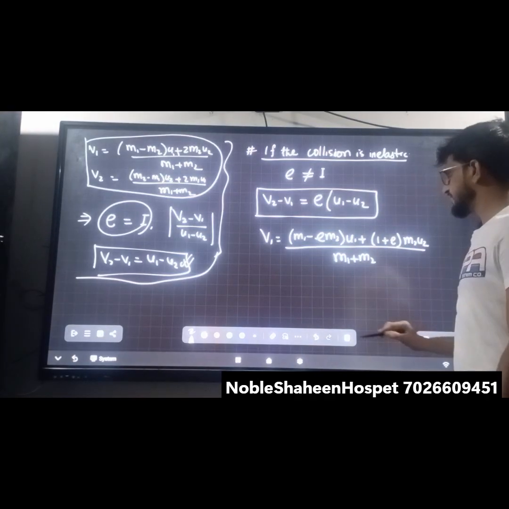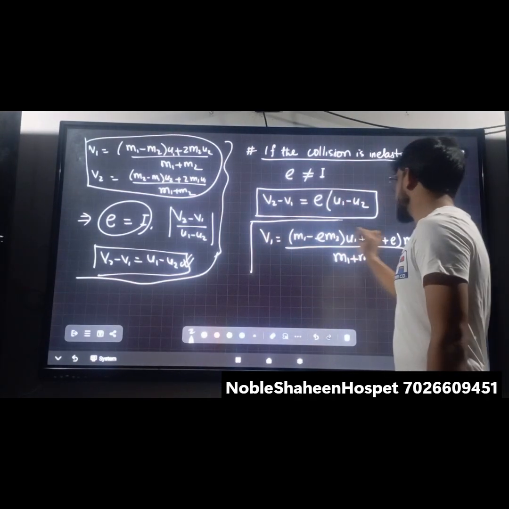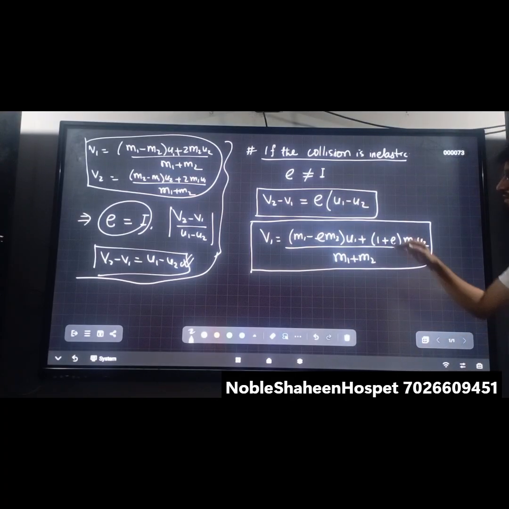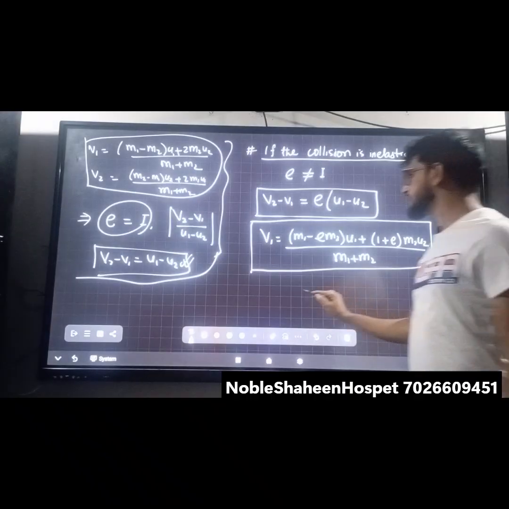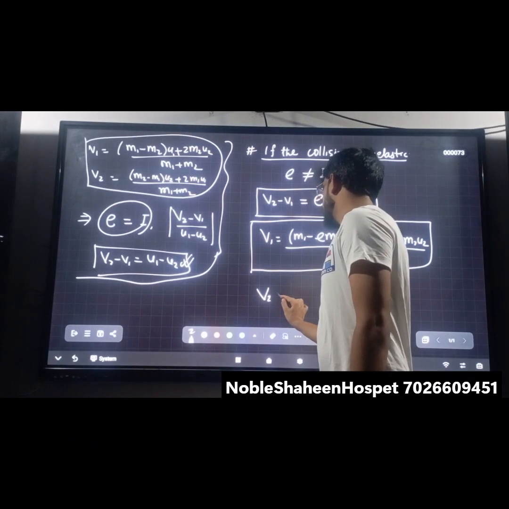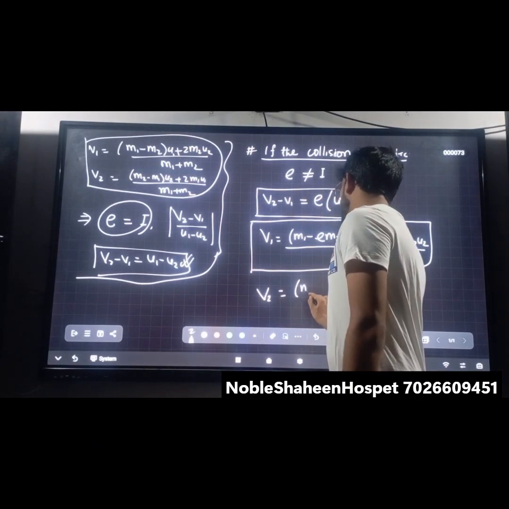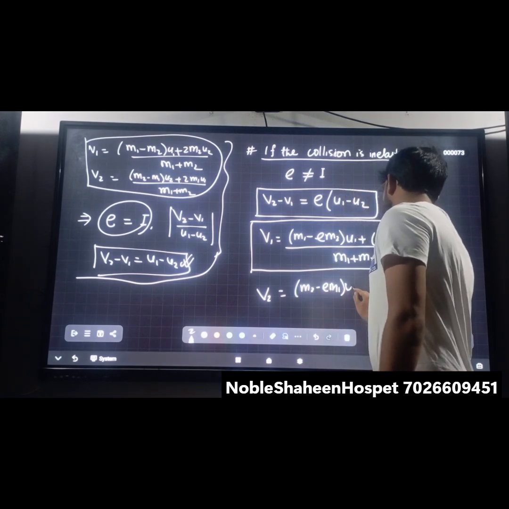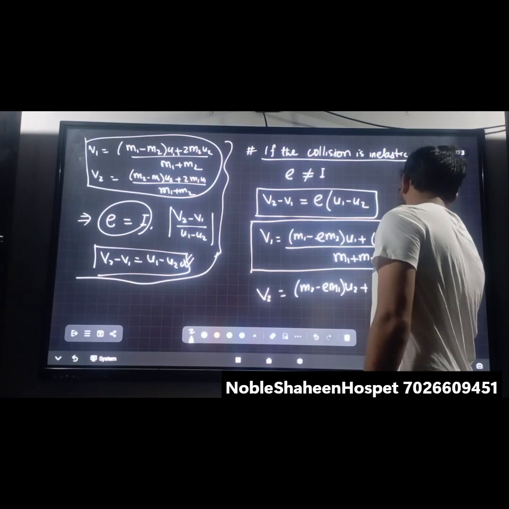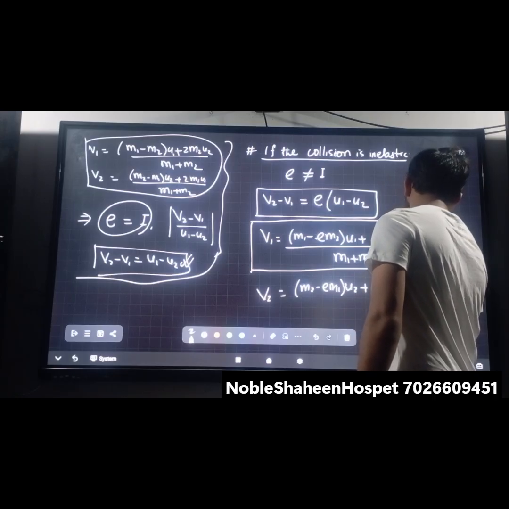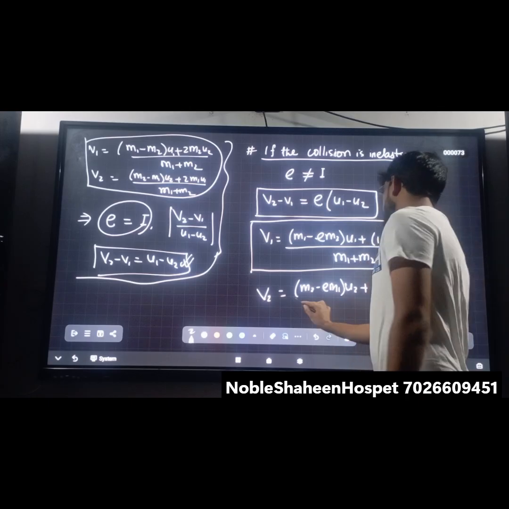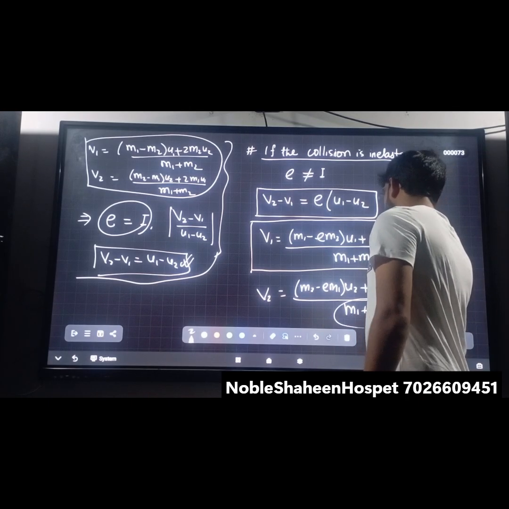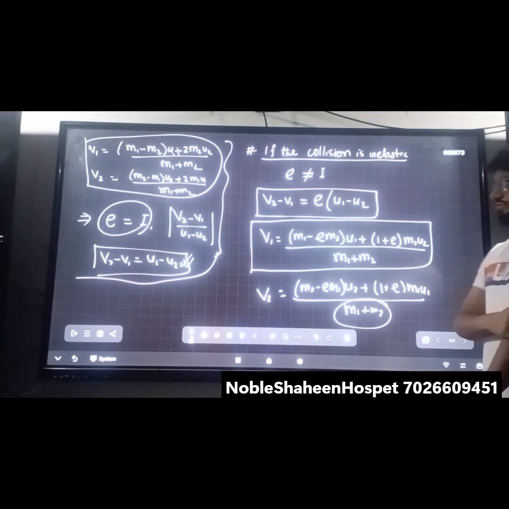If the coefficient of restitution is not equal to 1, we will use this formula to calculate the final velocities V1 as well as V2. The formula for V2 will be (M2 minus E M1) into U2 plus (1 plus E) into M1 U1 upon M1 plus M2. This is the basic formula for inelastic collision.